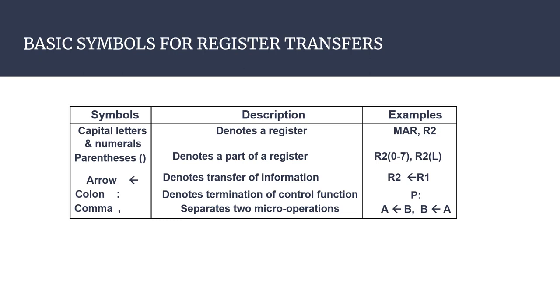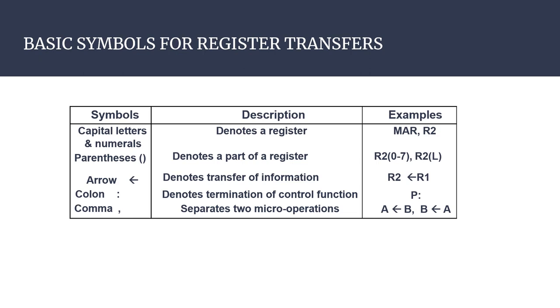The second rule for register transfer language is parenthesis. With the help of parenthesis, we can denote a part of a register. Means if we want to use lower order bits, then we can write L in between this, capital L, and if we want to write some part of bit, then we can specify a range of bits here in between this parenthesis.